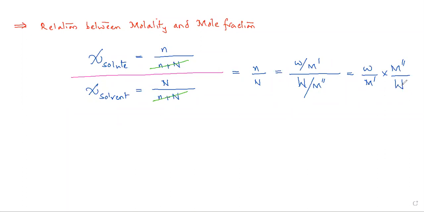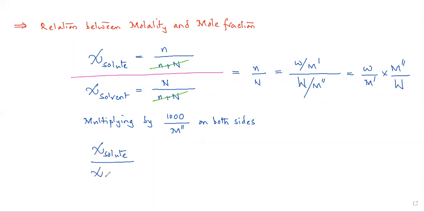Right. Now multiplying the final relation by 1000 by m double dash on both sides. Okay, let's see.